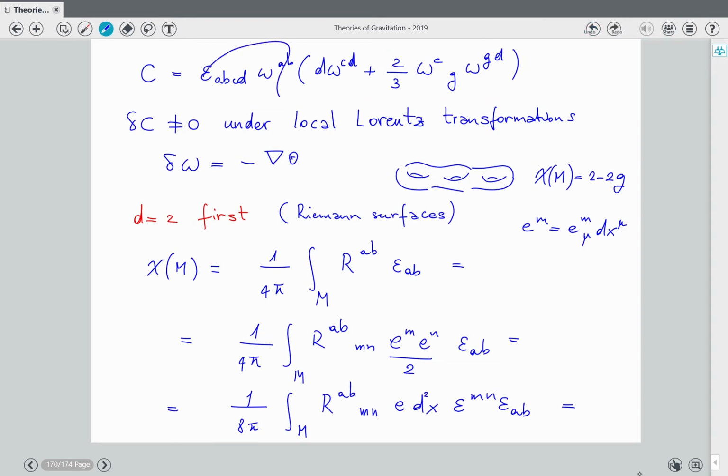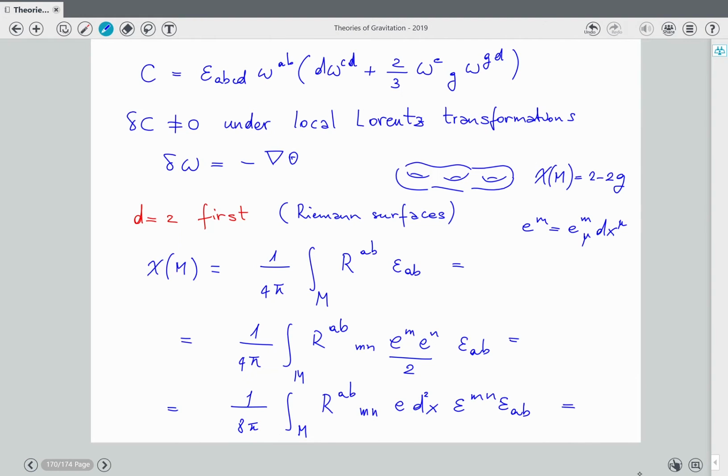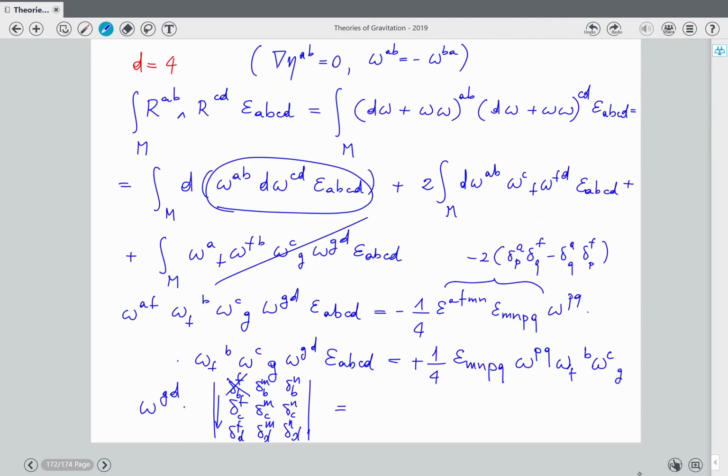So the first contribution, you see, is the total derivative of the first contribution to the Chern-Simons form, precisely this one, epsilon omega d omega. And the second one now we see.